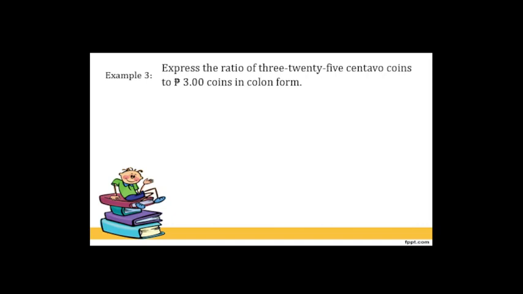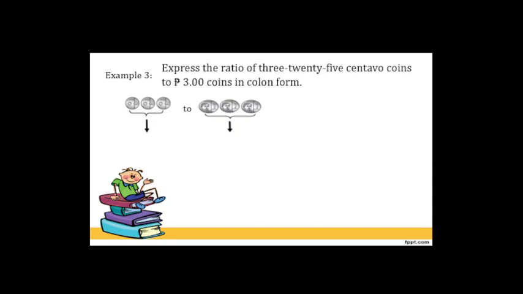Sample 3. Express the ratio of 3 25-centavo coins to 3 peso coins in column form. Let me show you the figure. So we have the 3 25-centavo coins and the 3 peso coins. If you will notice, they have different units.